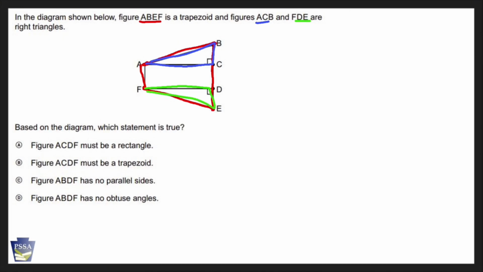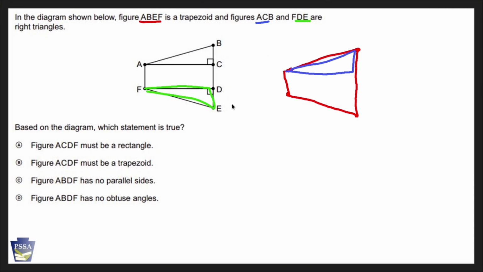All right, so what we have here is this red trapezoid. You have this blue triangle that lives inside of it, and you have this green triangle that lives inside of it. Both of these are right angles. Based on the diagram, which statement is true?